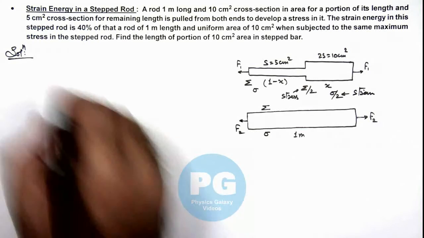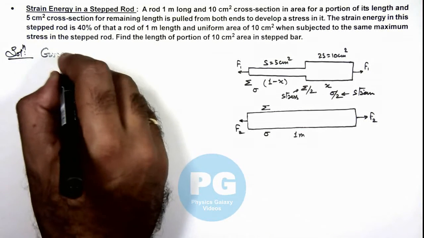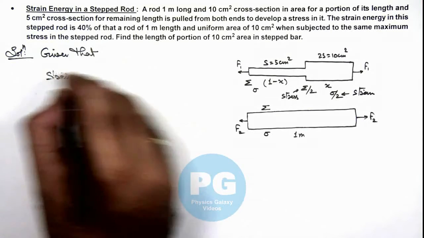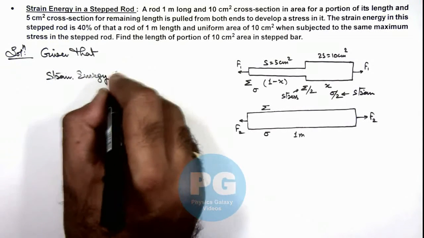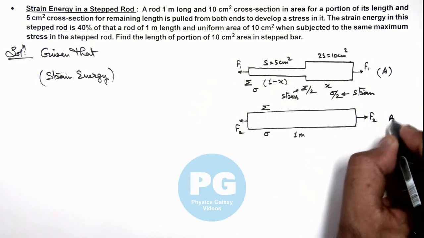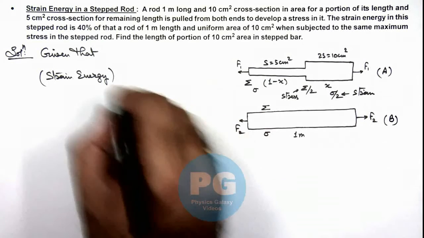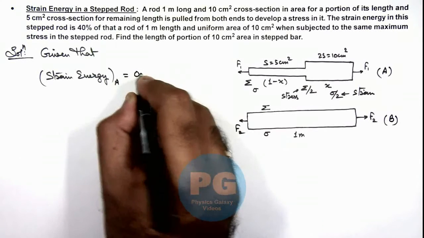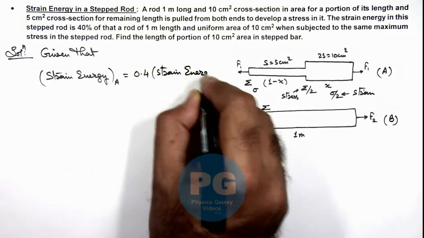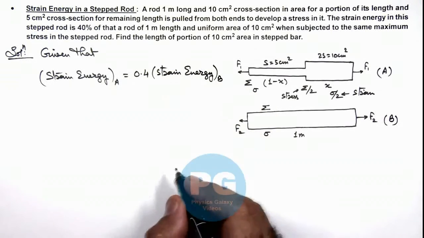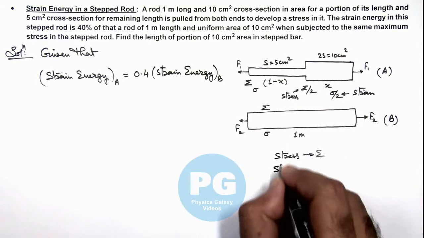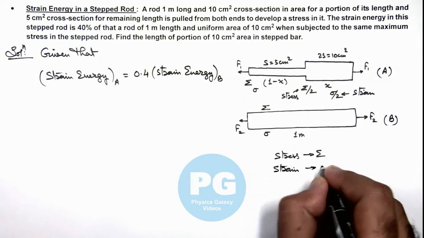Now in this situation, we are given that the strain energy in the stepped rod, if this rod is taken as A and this is taken as B, so strain energy in A is given as 40%, that is 0.4 times the strain energy in rod B. Here you can consider the symbol of stress we are using as sigma and symbol of strain we are using as small sigma.